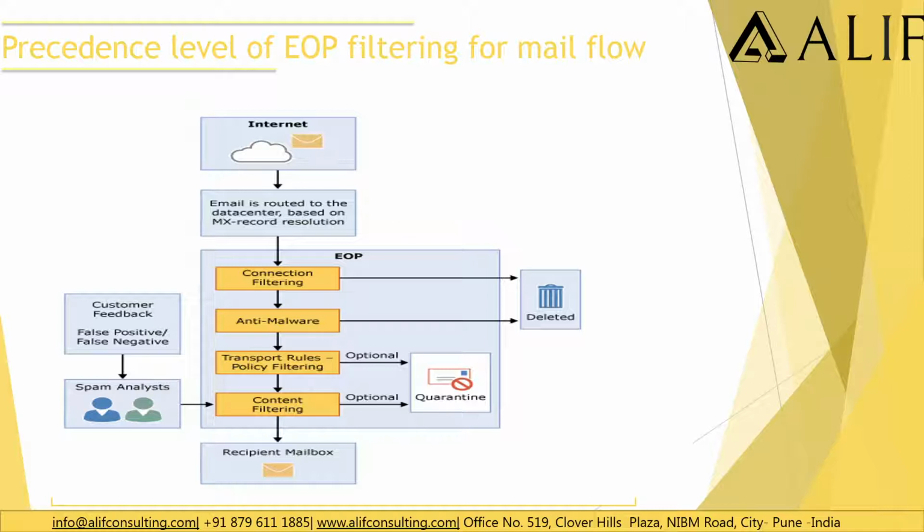So when it comes to this, you see, it says optional to both of these layers. So let's say some email is coming in: the SPF check, the DKIM check, the DMARC check, all of those are going to take place in the transport layer, or the policy filtering layer. Okay, and it could also take place in between, where ATP sits, and also the content filtering.